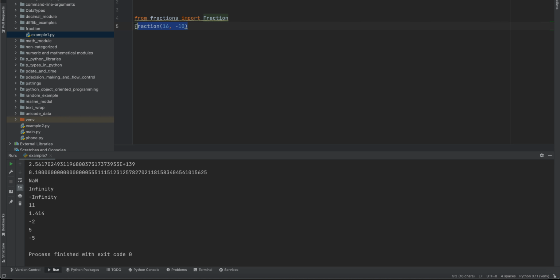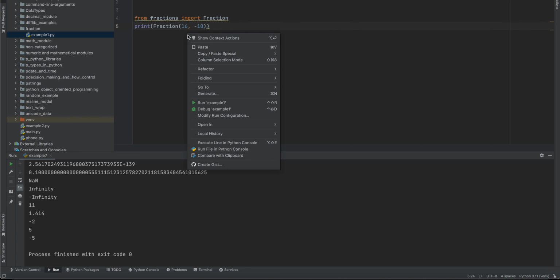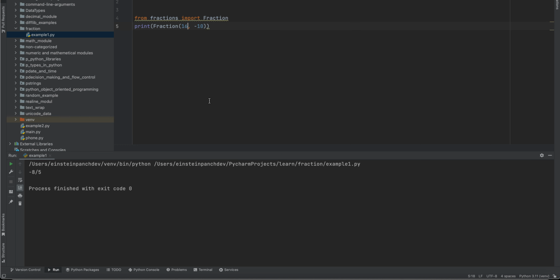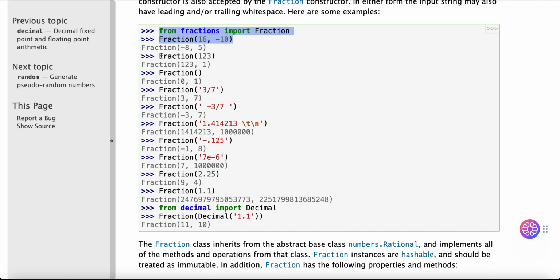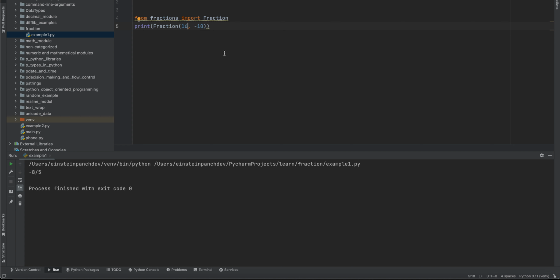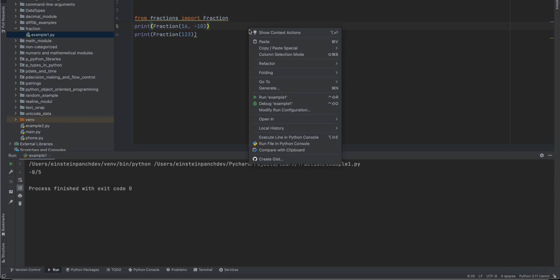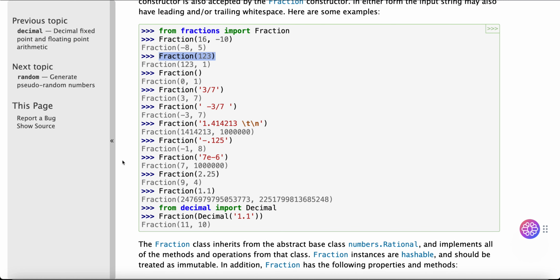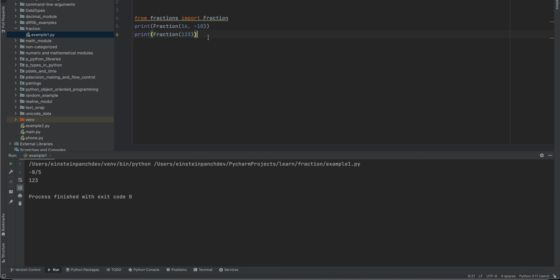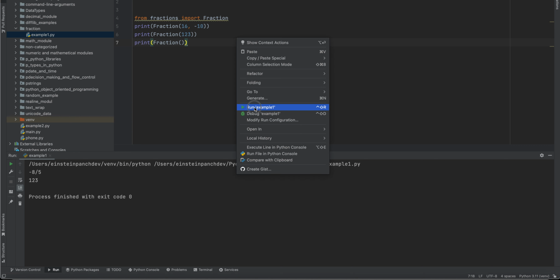So Fraction minus 8.5, Fraction 1 2 3. Print 1 2 3. Fraction default. Default is 0 by 1.